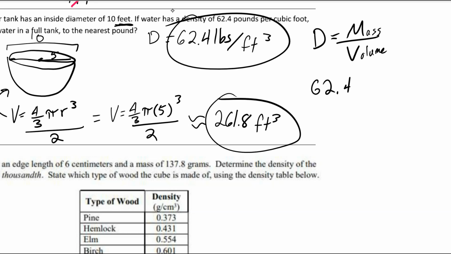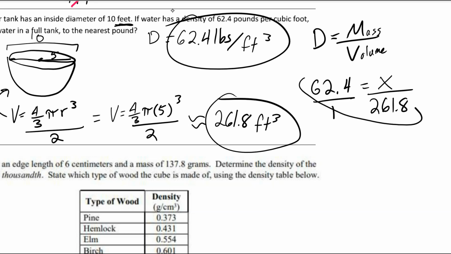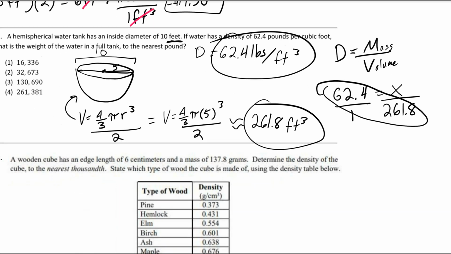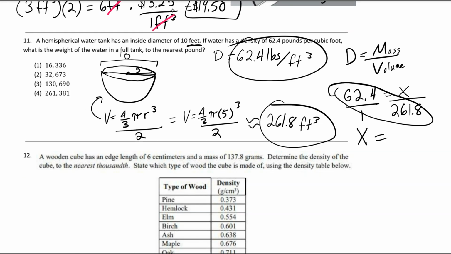Density is 62.4, the mass is what I'm solving for, that's the same thing as weight, and the volume is 261.8. So you'll notice if I put 62.4 over 1 and I cross multiply here, I would in fact just multiply these two numbers to get a value for the mass. And you should get about 16,336 pounds.